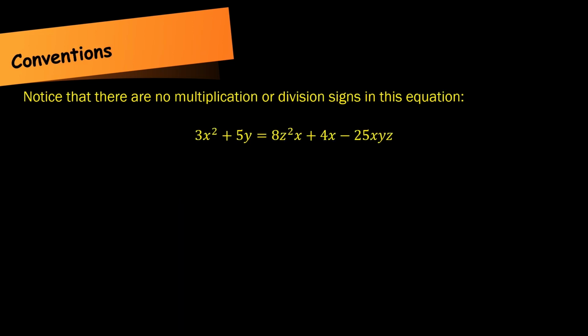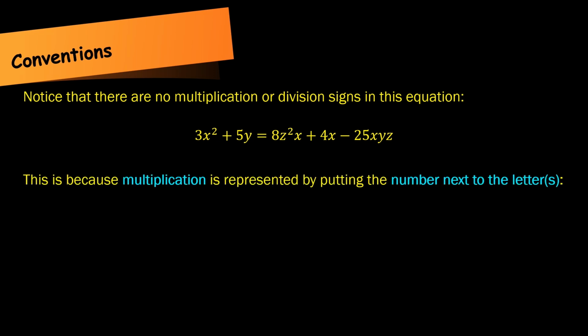Notice that there are no multiplication or division signs in this equation. This is because multiplication is represented by putting the number next to the letter or letters. So 3 times x equals 3x.